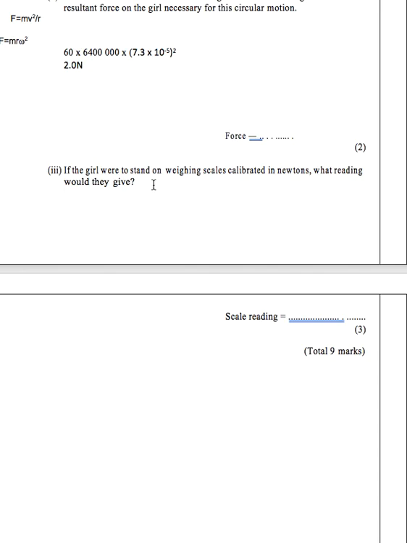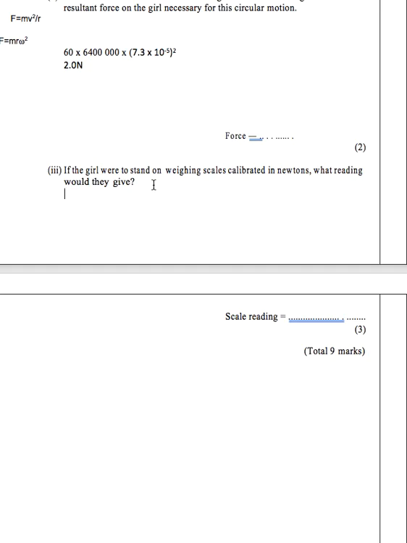Now, if you think about the car over the bridge, when the van was parked on the top of the bridge, the reaction and the weight were the same. But as the car began to drive over the bridge and perform that circular motion, then the reaction got less. So it is the reaction of the scales on her that is getting less.